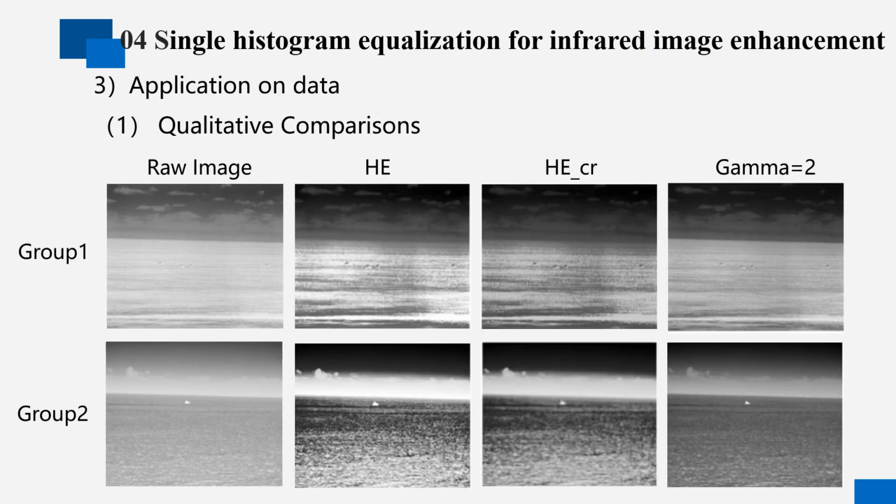Here we can see an experimental analysis of my work, where these are the raw images, and these are simple histogram equalized images based on the built-in function, not a function I derived, but a built-in function. And here is a result from my introduced method, and at the end we have gamma correction.